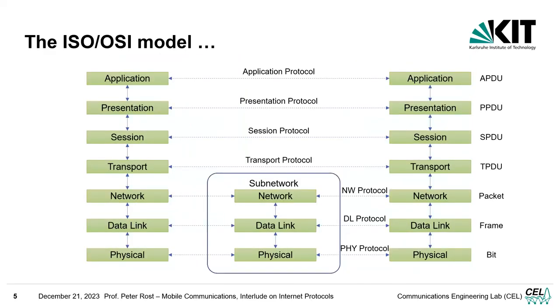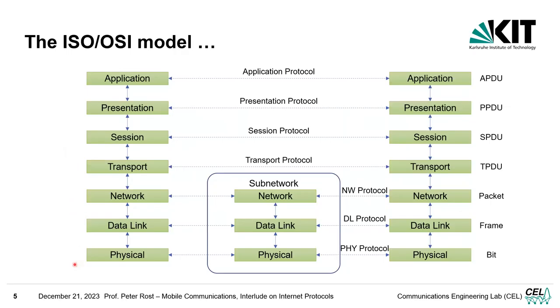Now, in the standard ISO-OSI layer model, we have overall seven different layers. That's the application layer, the uppermost one, the presentation layer, the session layer, the transport layer, and then the network, data link, and physical layers.